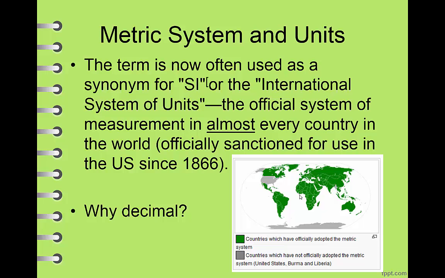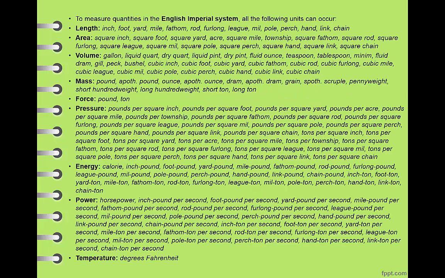So just some food for thought there, but keep in mind that in chemistry we will be using the metric system. Okay, now the metric system, as we said, is based on a decimal system. So why this decimal system? Well, if we don't use this decimal system and we want to make a measurement in the English imperial system, these things listed here, and I certainly won't read all these, are all units that you can have in the English imperial system.